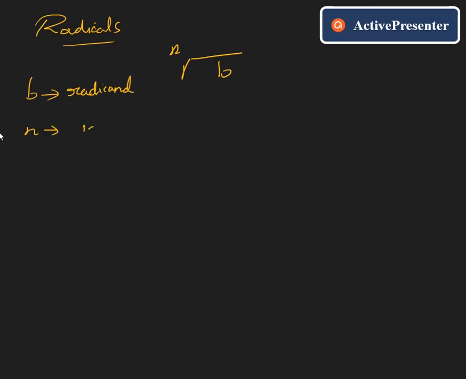When we talk about rational exponents, we usually talk about radicals. What are radicals? Radicals are expressed in this notation: the nth root of b. B is called radicand, and n is called the index, where n is always a positive integer.